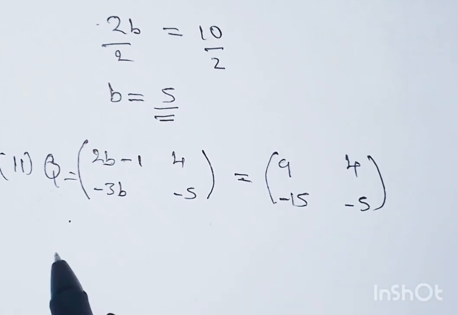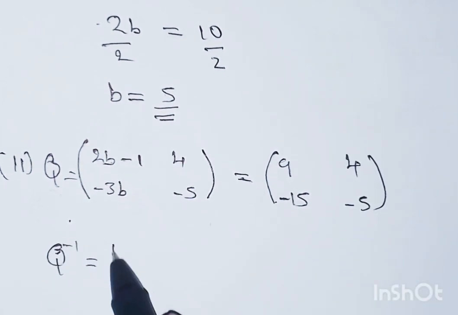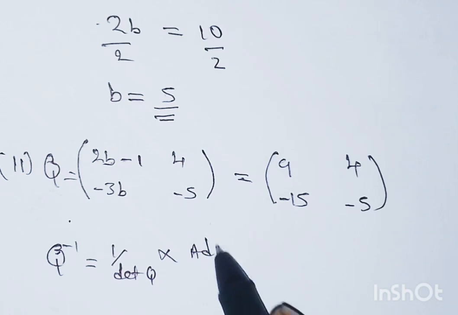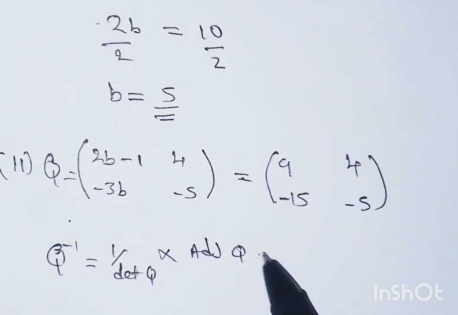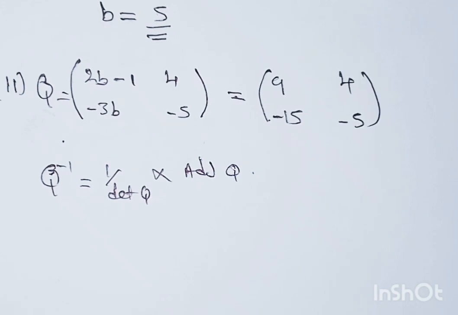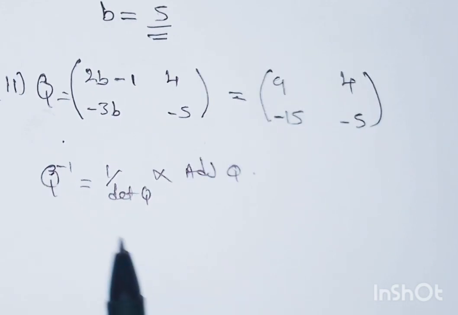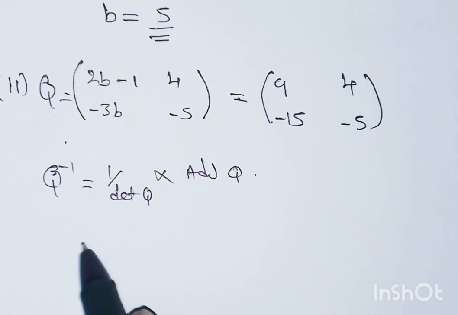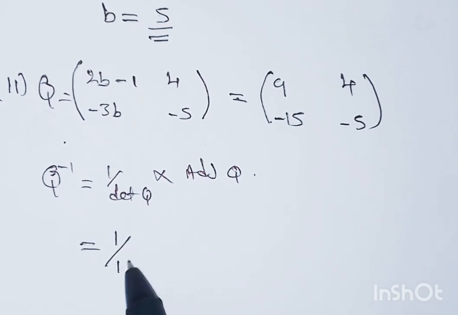So Q inverse is equal to 1 over the determinant of Q multiplied by the adjoint of Q. Now the determinant in this case we have been given: according to the question, the determinant was 15 for the matrix. So we say 1 over 15.